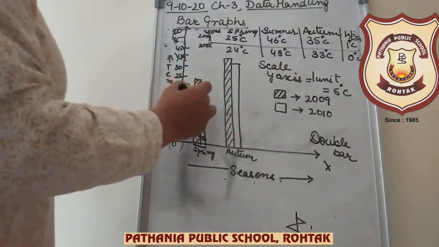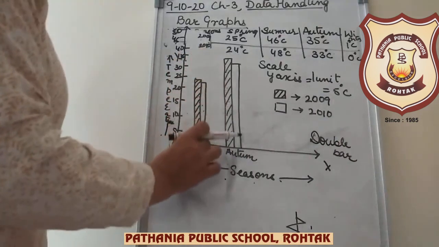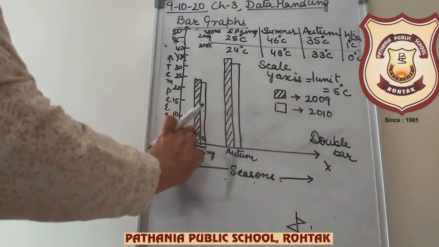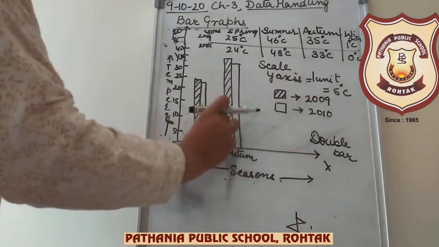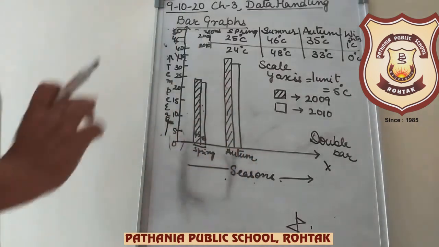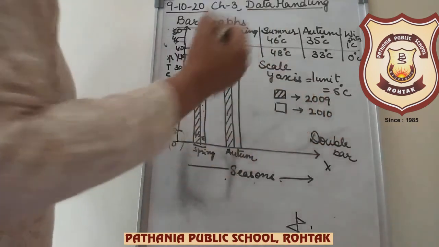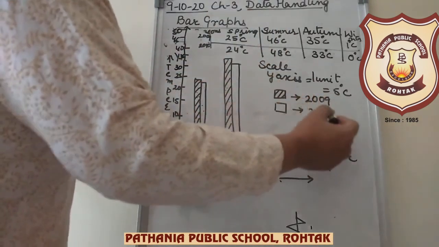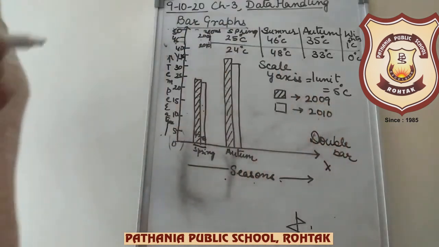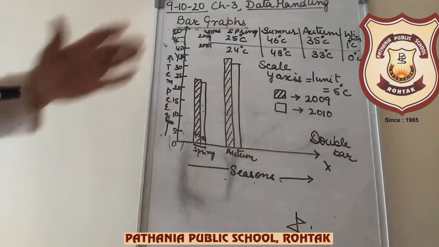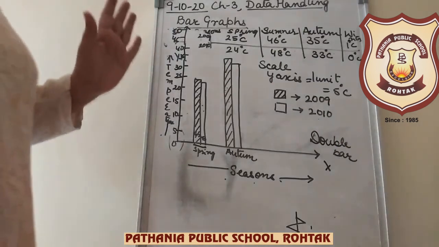Okay, and you have to represent, for one season we are comparing 2 years. For one season we are comparing the temperature of 2 years. So you have to show which year is represented by which color bar, and which other year is represented by the other color bar. So in this manner you are going to represent the double bar graph.